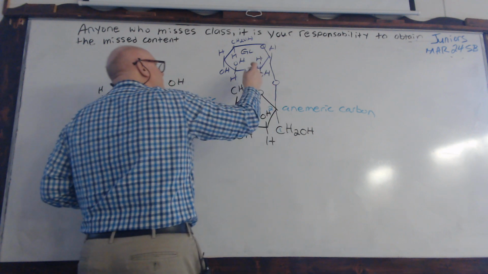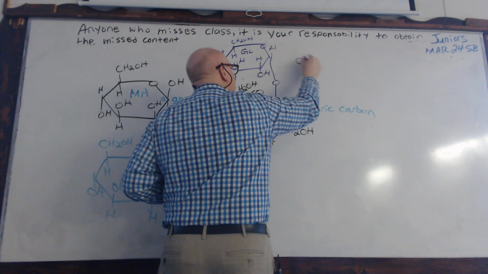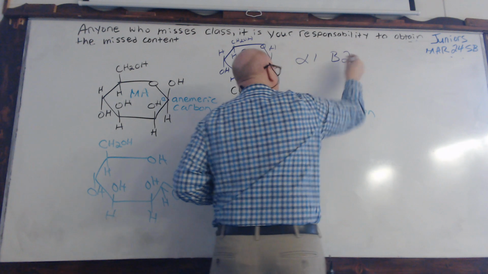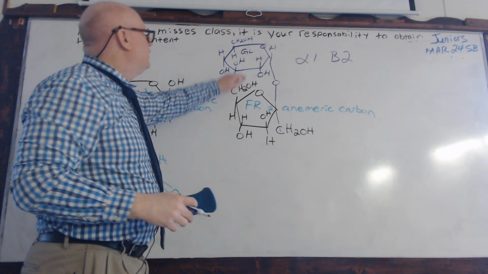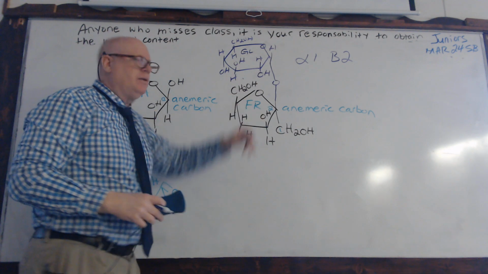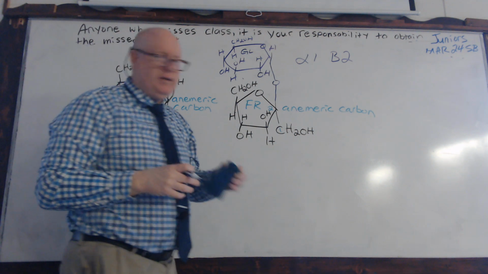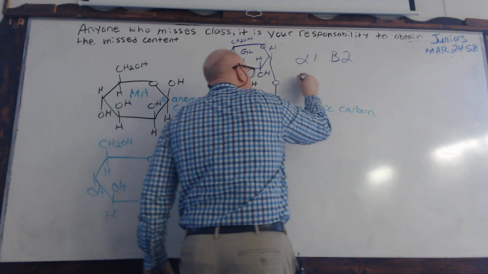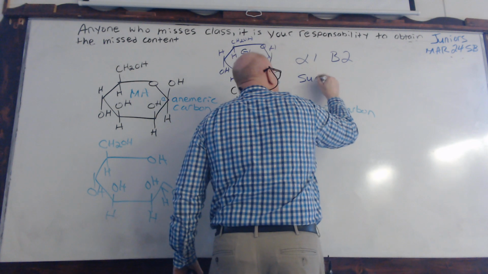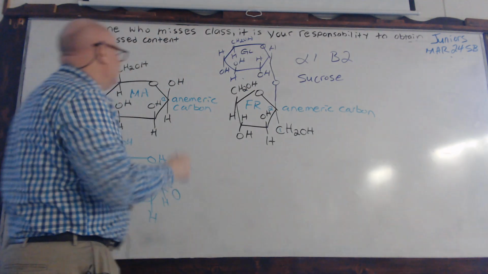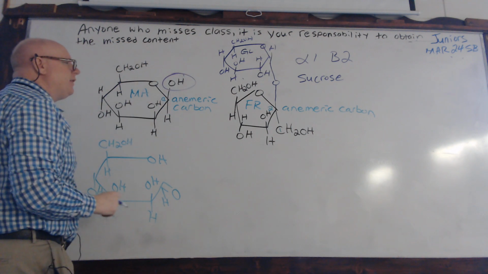So then what type of bond do we have here? We have an alpha 1, beta 2. This is no longer just glucose, it's no longer just fructose. You put the two together and what do we have? We've got sucrose. Okay? So this, of course, is sucrose. This is a non-reducing sugar because it doesn't have that there anymore.